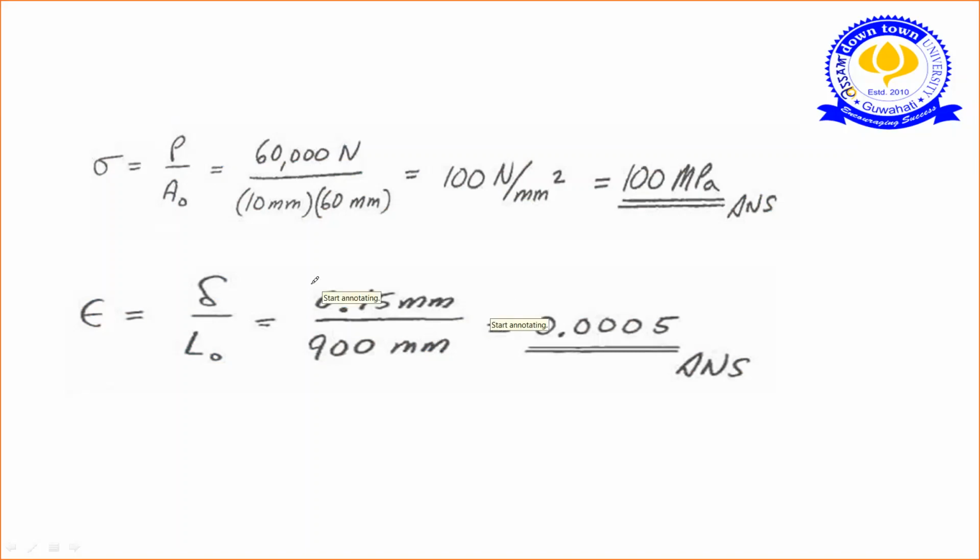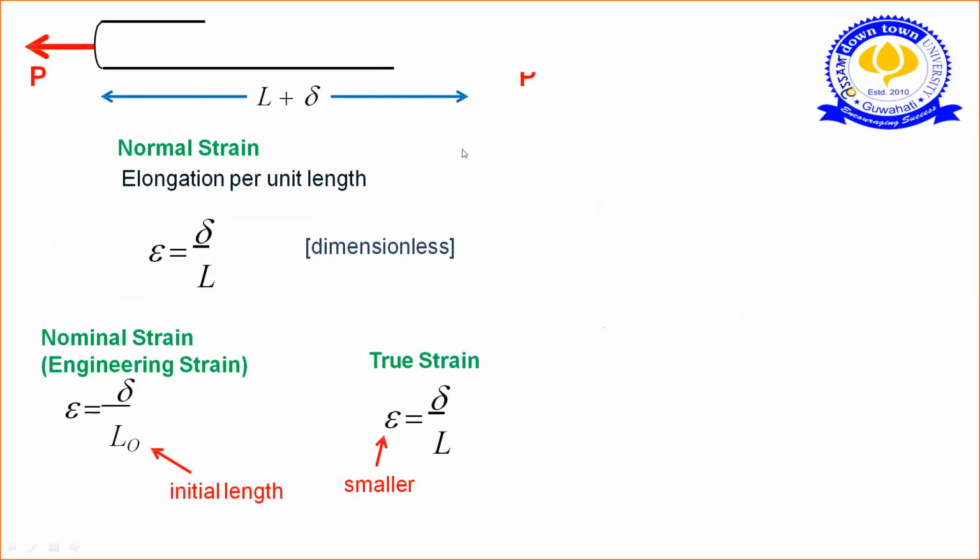See here, this mm and this mm will cancel out, so this quantity automatically becomes a dimensionless number. Always remember, stress has dimension of Newton per mm square or kilonewton per mm square or MPa, but strain is always a dimensionless quantity.